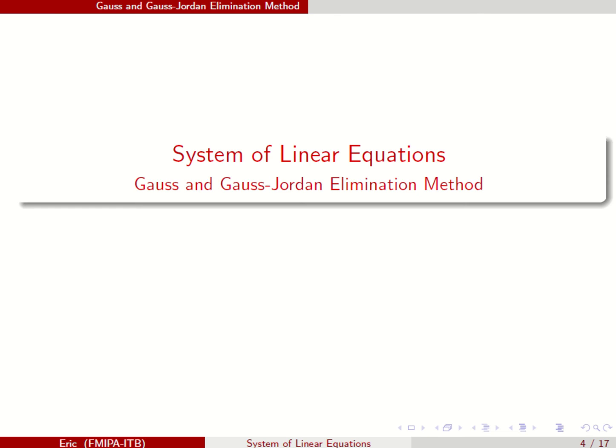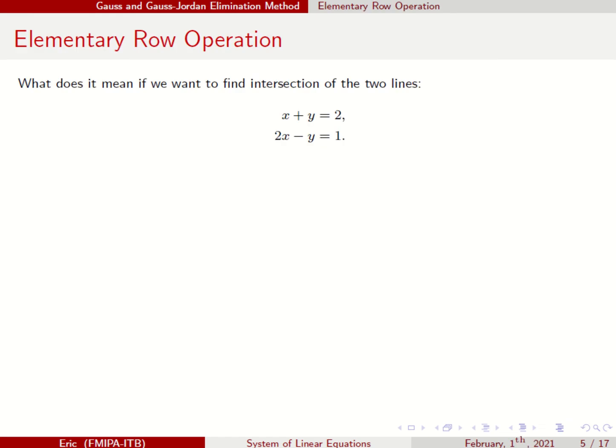The first topic is the system of linear equations, that is the Gauss and Gauss-Jordan elimination methods. What does it mean if we want to find the intersection of these two lines? Don't forget, geometrically, we want to find the intersection of two lines.